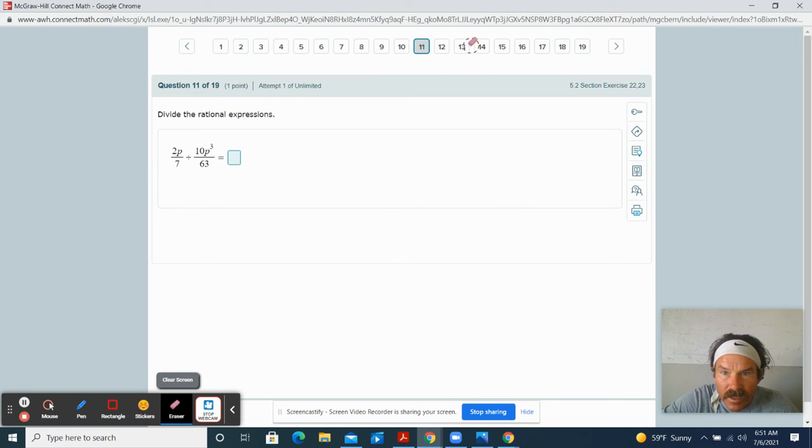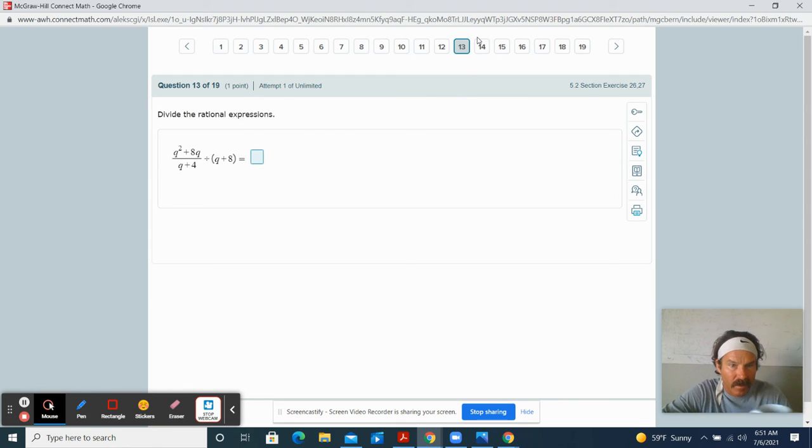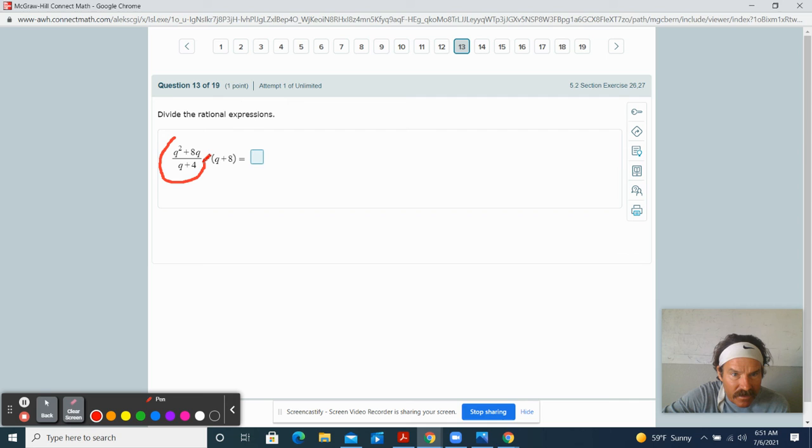Number 13. Divide the rational expressions. When you rewrite these problems, you might want to save a little time and factor when you rewrite.